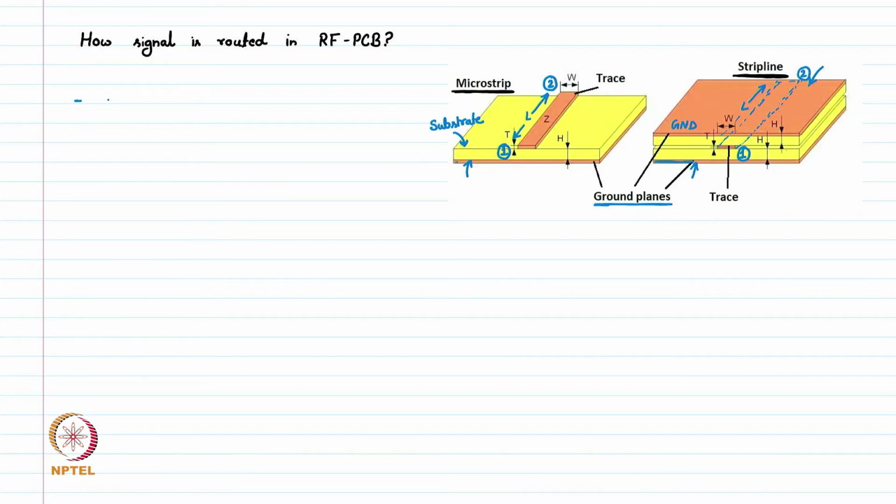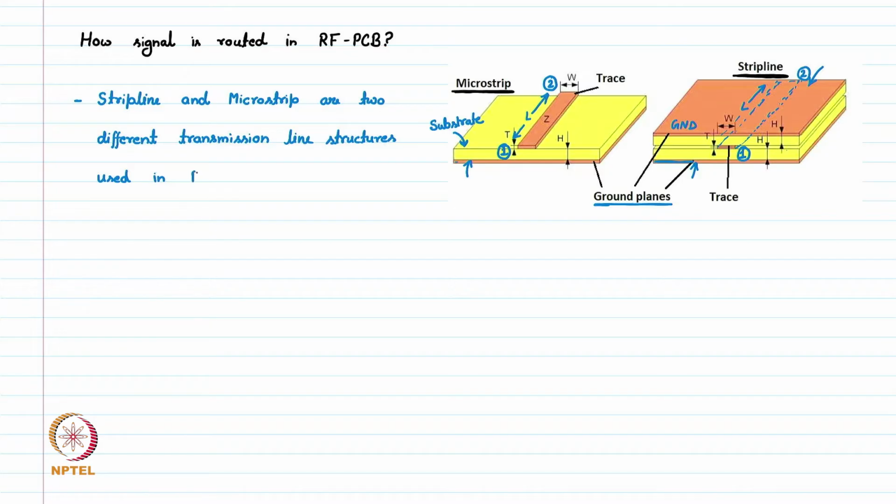So, stripline and microstrip are two different transmission line structures used in RF PCBs.